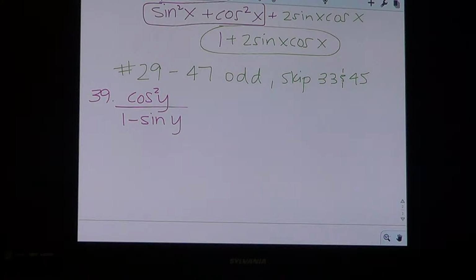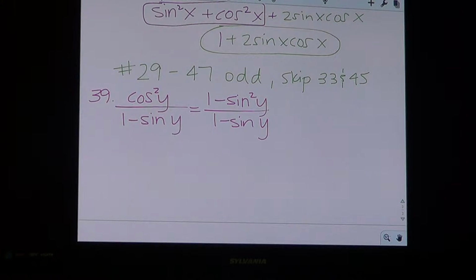What did you do, Olivia? I made the cosine squared y 1 minus sine squared y. Okay. So you have 1 minus sine squared y over 1 minus sine y. And then what did you do?